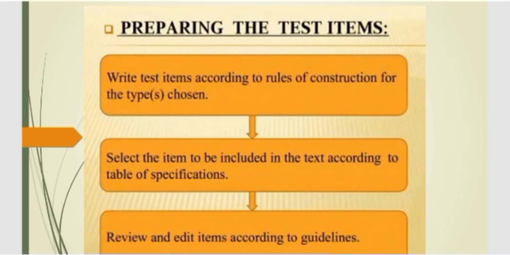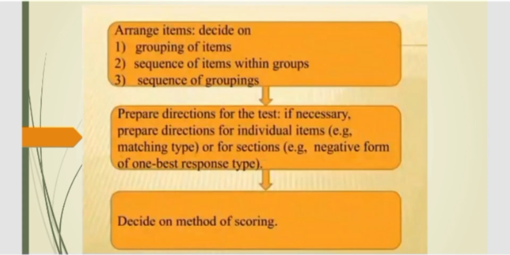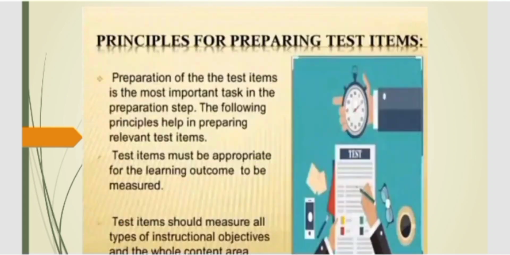Third is to review and edit items according to the guidelines. Arrange items: decide on groups of items, sequence of items within the group, and sequence of groupings. Prepare directions for the test if necessary. Prepare directions for individual items or for sections. Decide on methods of scoring.